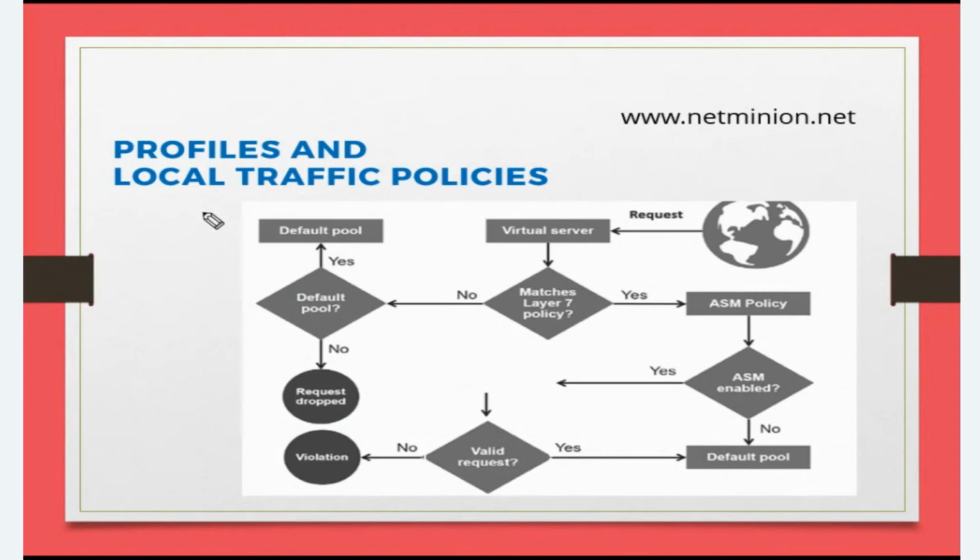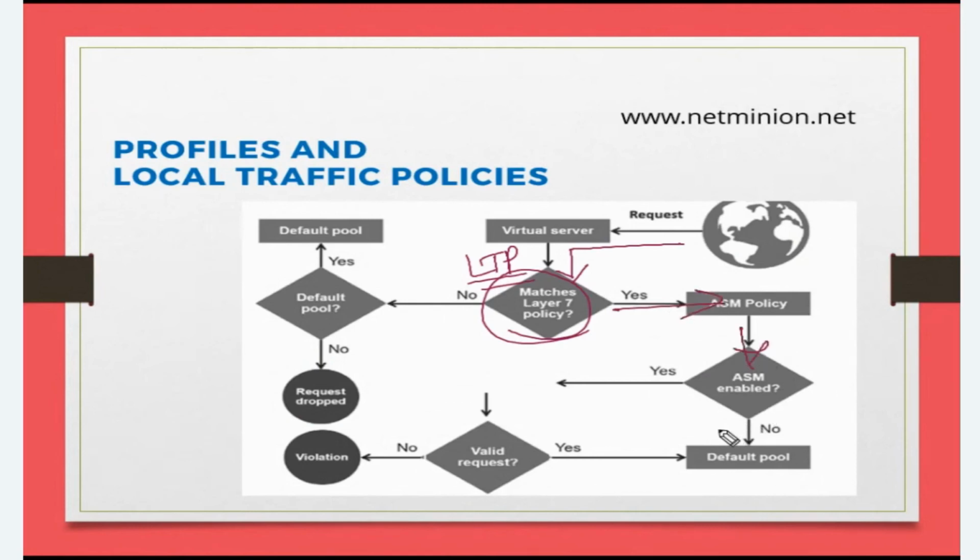Okay. So what I was talking about, whenever there is now any request that comes, the virtual server will check whether there is a layer 7 security policy or not.